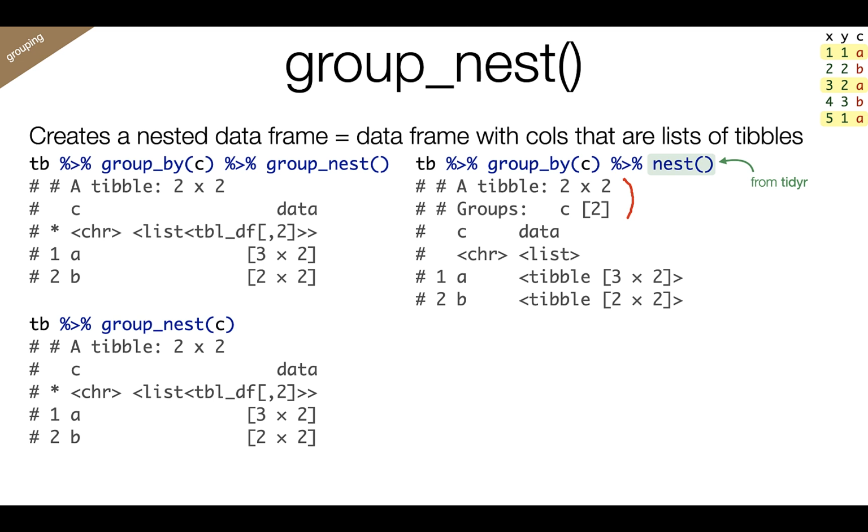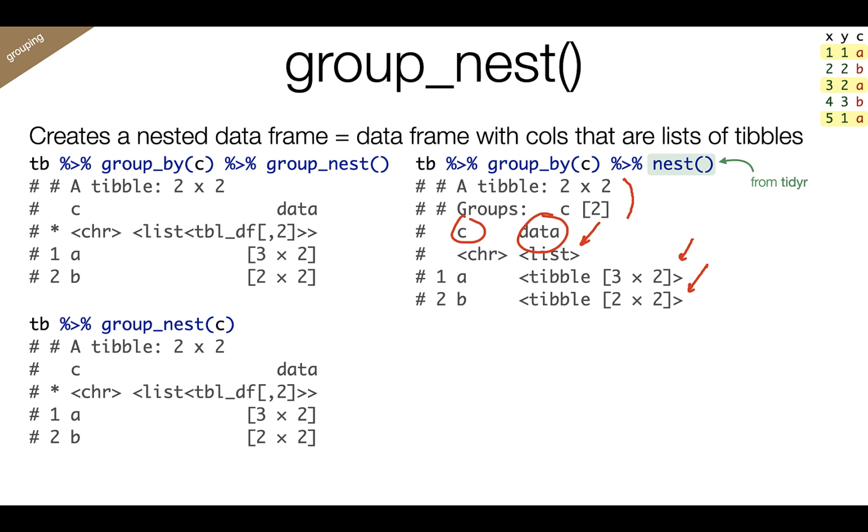It's a grouped tibble, but its contents are the same in a general sense. So there's a column called C, there's a column called data, but now data is of type list, so it's not a vectors list. It's a list in the more basic or standard R sense, and its contents are those tibbles. So clearly, tidyr has not yet migrated to the vectors framework, but I think that we can anticipate this in the future.